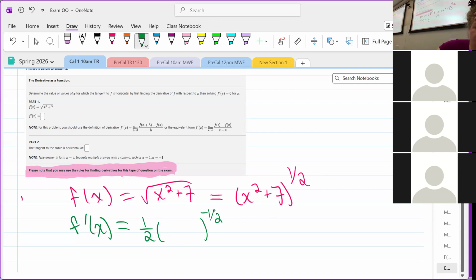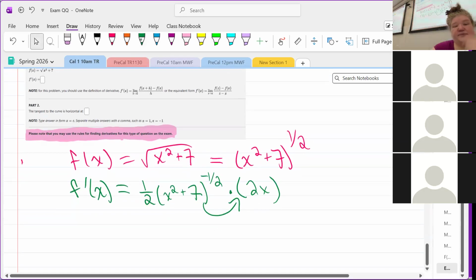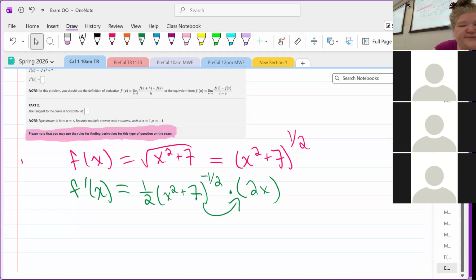Bring the power down, and then subtract 1 from the power. 1/2 minus 1 is negative 1/2. The inside of the chain rule stays the same, and then we multiply by the derivative of the inside. The derivative of the inside is 2x, and then the derivative of 7 is just 0, so it's just 2x. So there's our answer for the first part.